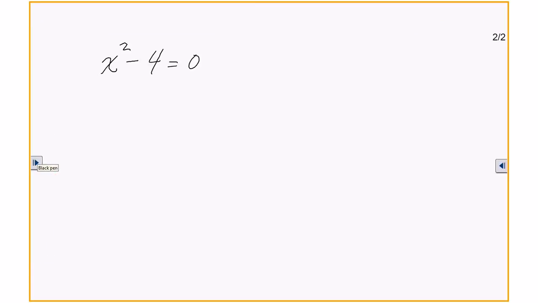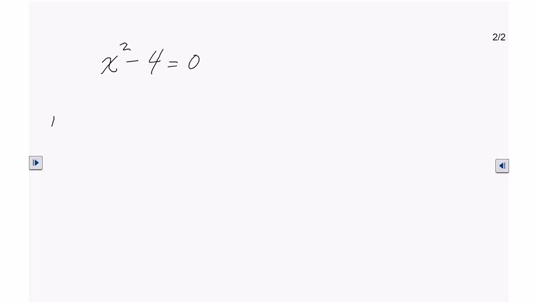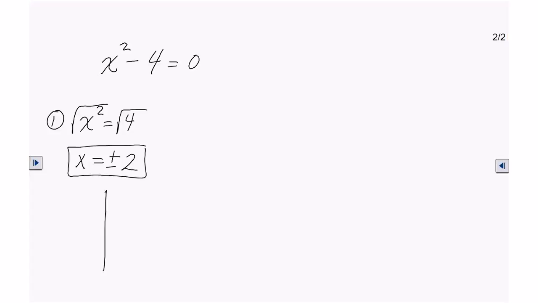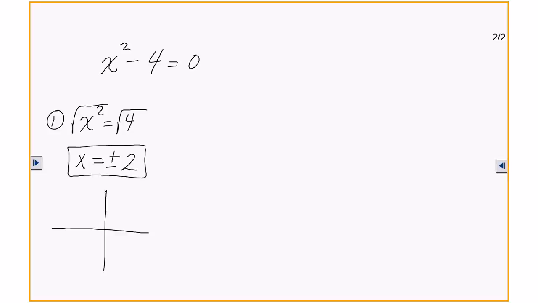You've got to reach back into your algebra toolbox and decide which one to do. One, you can say x squared is equal to 4. Take the square root of both sides, and x is equal to positive or negative 2. So you know that the x-intercepts are positive and negative 2. So that's one way to do it.